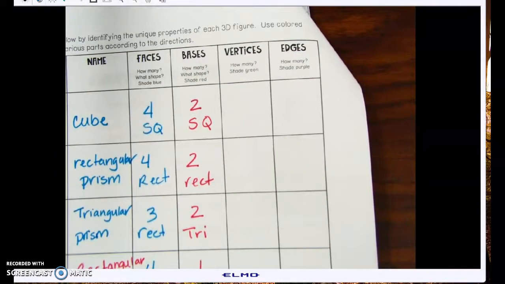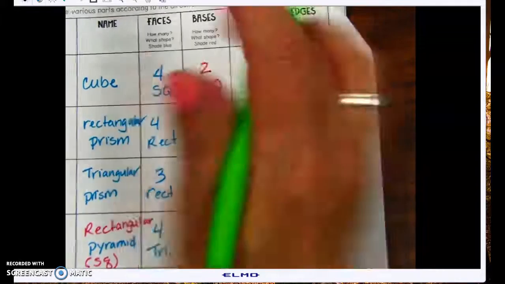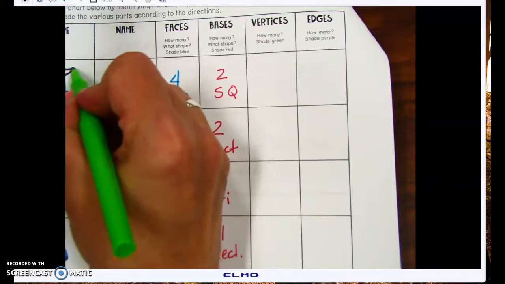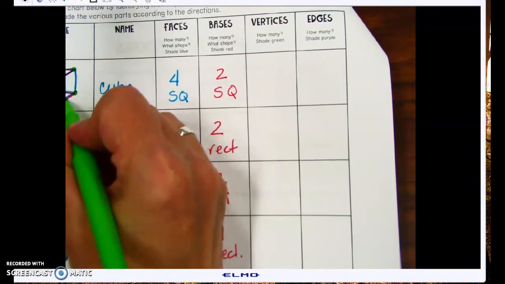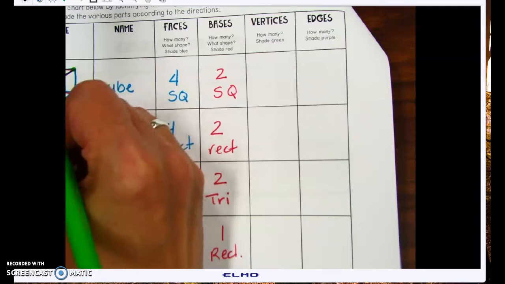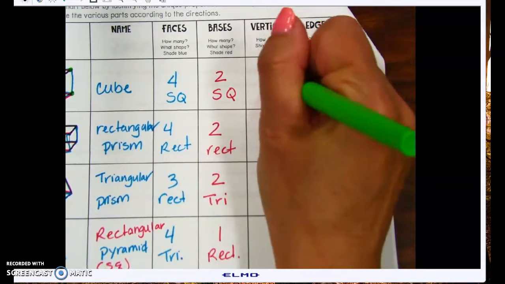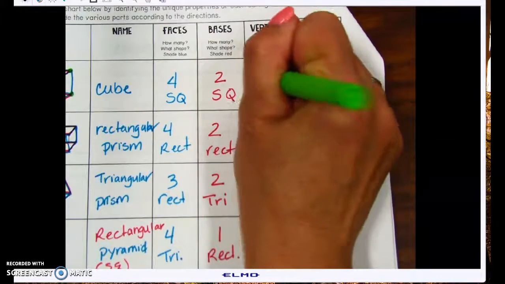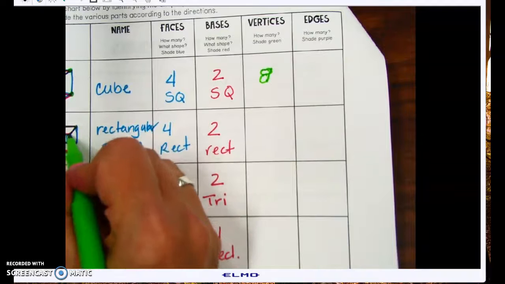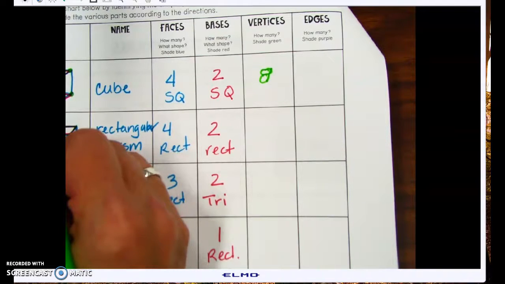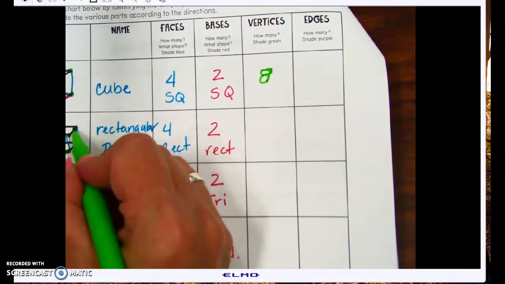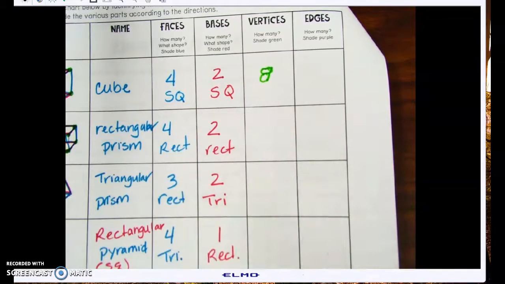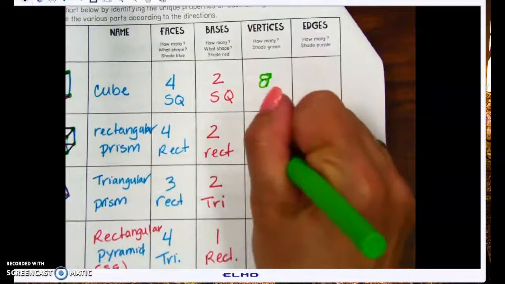Okay, so now we're on vertices. Remember what vertices are? Points, where the lines come together to form a point. Green, 1, 2, 3, 4, 5, 6, 7. Oops, missed one, 8. This one has 8 as well. If you notice, this prism and the cube have a lot of similarities. However, it's almost like it has rectangles rather than squares. So there's 8.